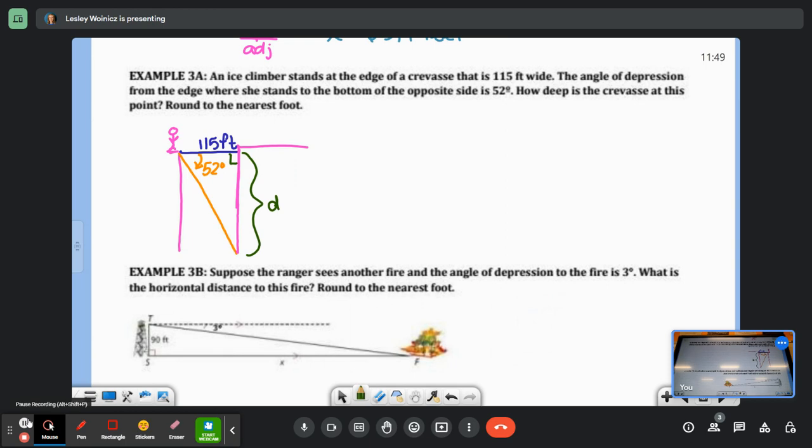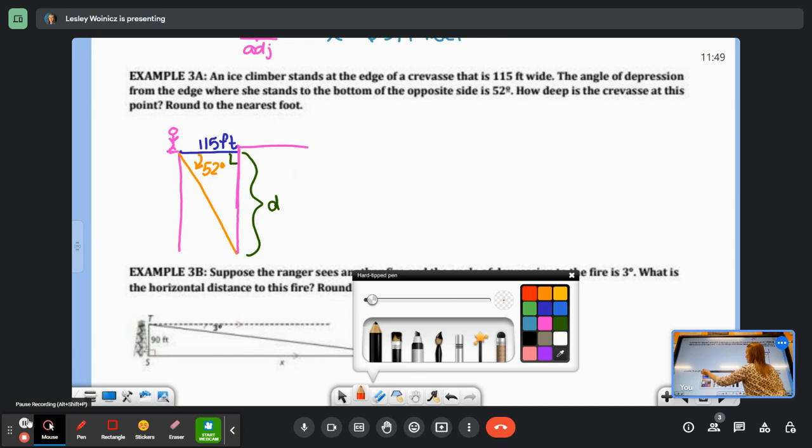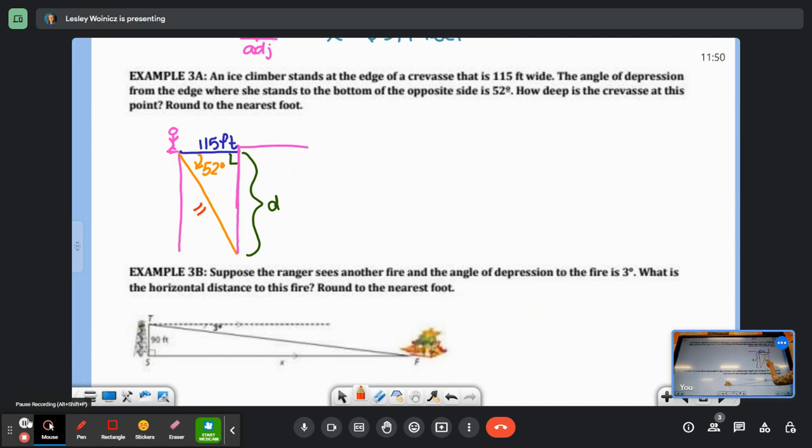So let's start labeling stuff. Here's my hypotenuse, right? That's the long side across from my right angle. Opposite my 52 degrees is my depth. Opposite the 52, this is my opposite side.